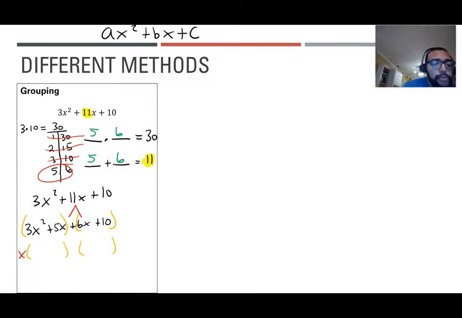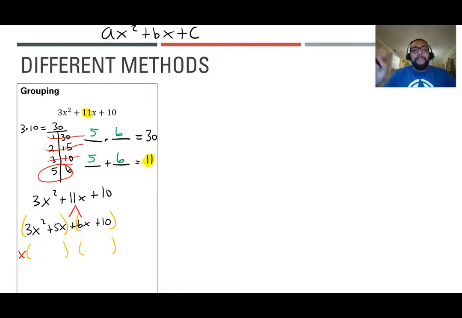Well, 3 and 5. Is there a number that goes into both 3 and 5? Did they have a GCF? No, the biggest number that goes into 3 and the biggest number that goes into 5 is just 1. So it looks like I could only take out an x here, which is fine.